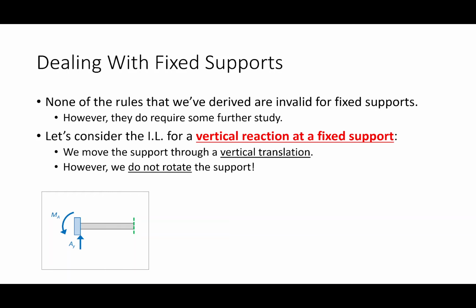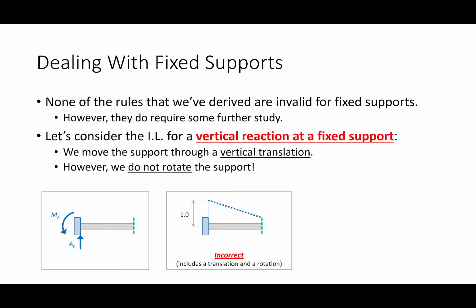Here's the thing: I take the support and move it through a unit displacement, but I don't remove the rotational restraint. So look right here. This is wrong. If you take your support and move it through a unit displacement and start constructing your influence line like this, that's wrong. Let's see how my art works.